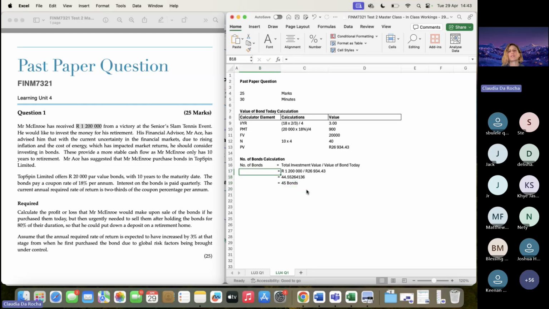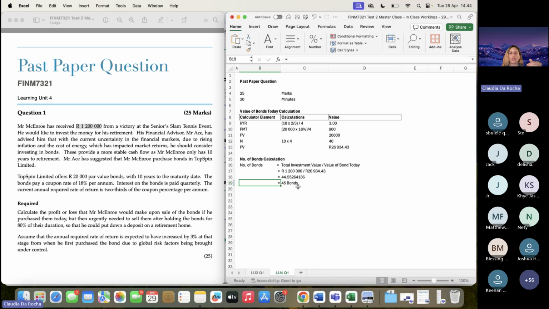So that's how many bonds he would have purchased with his money. Now we know how much the bonds were worth when he initially purchased them. Maybe I should just put an S so we know it's for more than one. How many bonds we purchased.